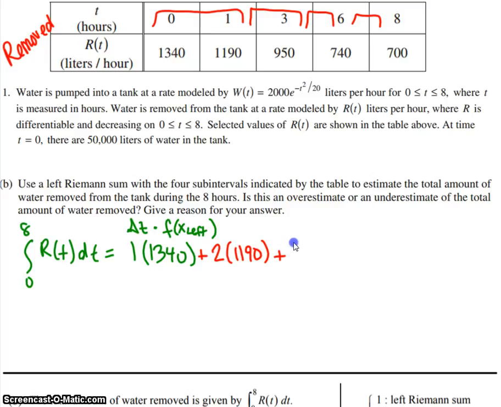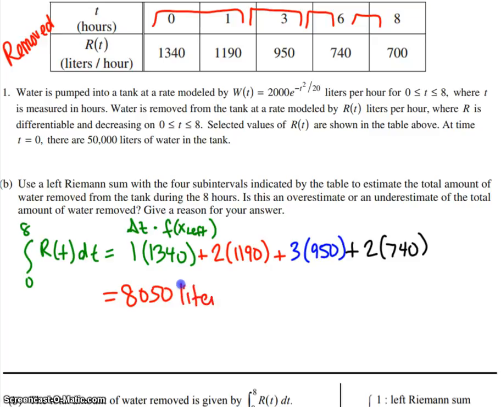From 3 to 6, delta t is 3 times 950. And from 6 to 8, delta t is 2 times 740. When you multiply and add those values, you should get 8,050. And because R of t is liters per hour, when you integrate you're finding the amount of water, which would be liters.